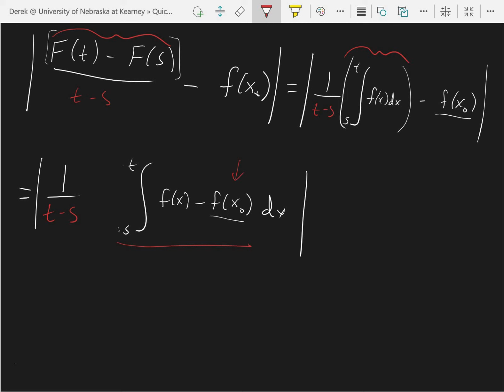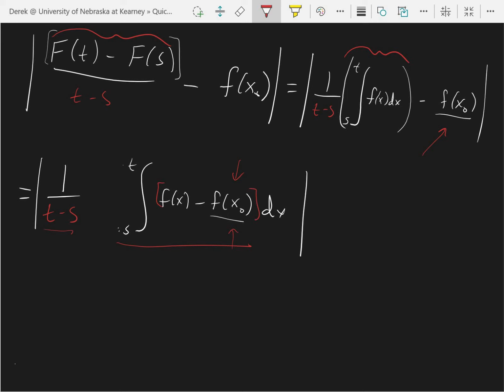So I've just got a pure rectangle. If I take that rectangle, t minus s times f of x naught, and then I divide it by its length, I get the height. And the height is just f of x naught, which goes there if I pull it outside the integral. So this is a true statement now, and I'm going to put this together inside the integral.